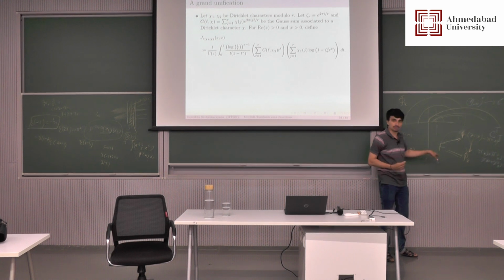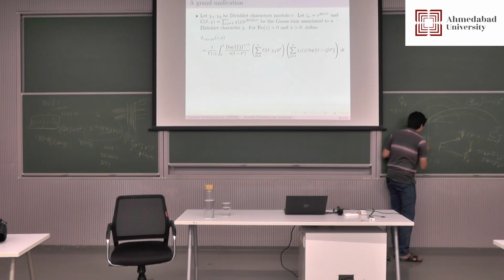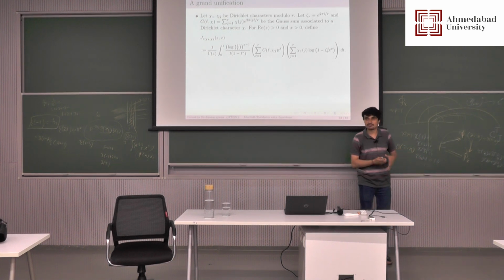Either the first character will be like 1 0 1 0, or the second one will be: chi of 1 is 1, chi of 2 is 0, chi of 3 is minus 1, chi of 4 is again 0. It will repeat.